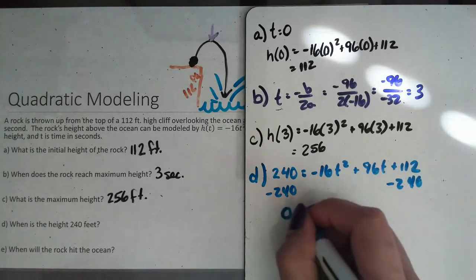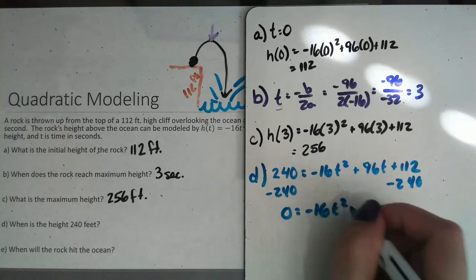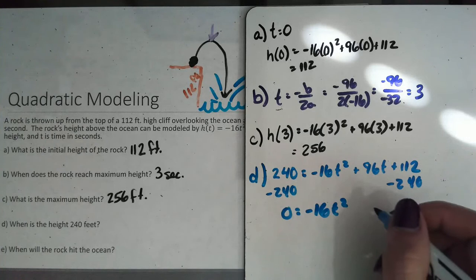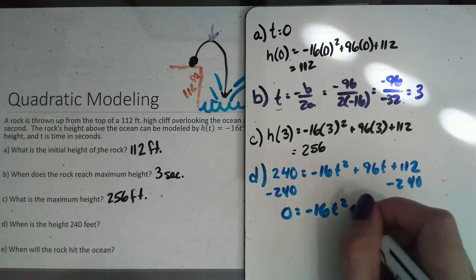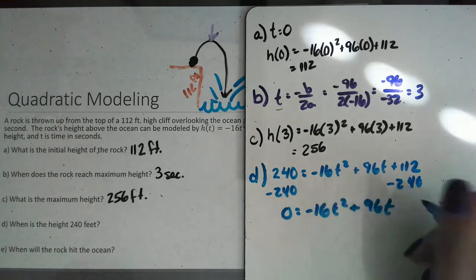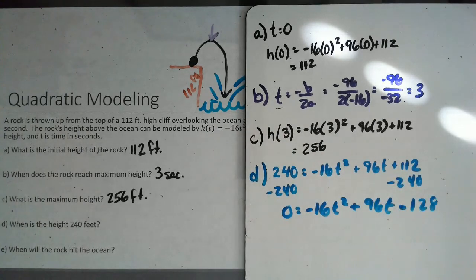That's going to give me 0 is equal to a negative 16t squared plus 96t minus 128. I'm going to see if there's a greatest common factor I can factor out of all of these.